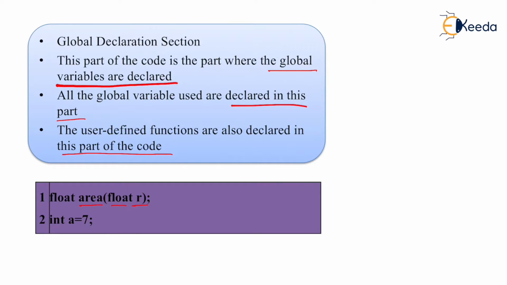This is one user-defined function with the parameter r of type float, and the function's return type is float. We'll see this in detail. Just remember that this is the signature of your function. After this, we define one global variable as int a = 7. So a is a variable defined globally, and we can use it in any part of your code.